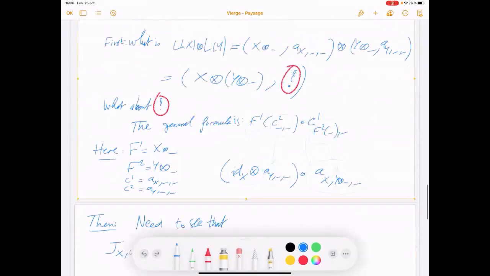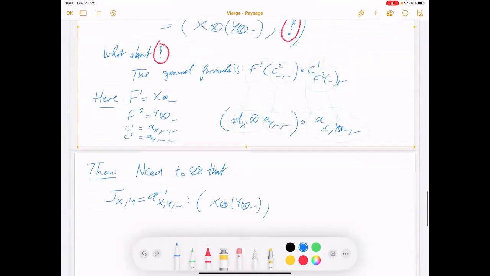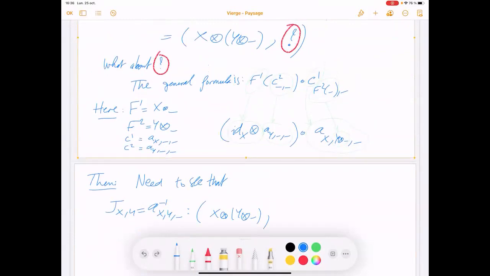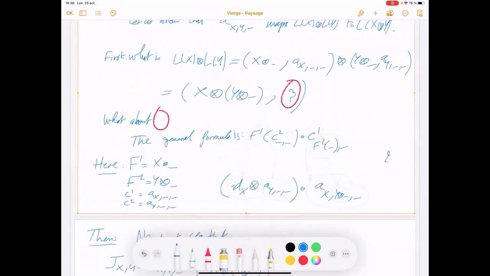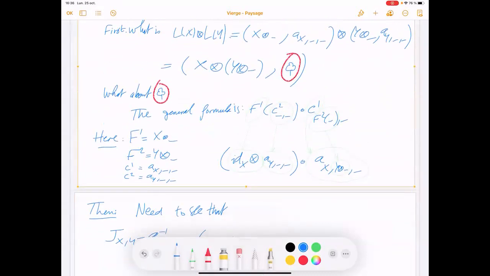And the question mark, now we know the question mark is that, so this is what I call, I should not put a question mark, maybe I should put it like that. Okay, so this is equal to that.